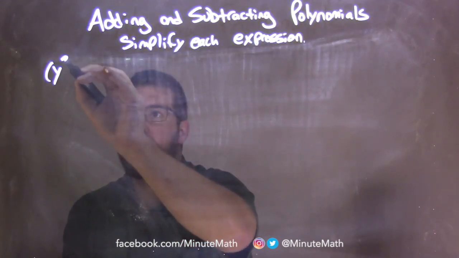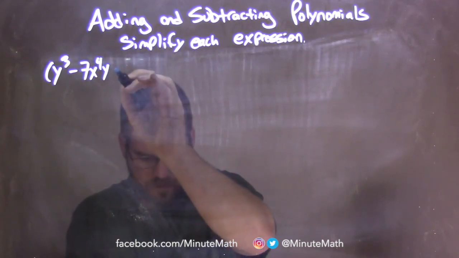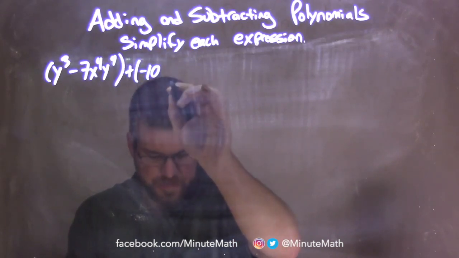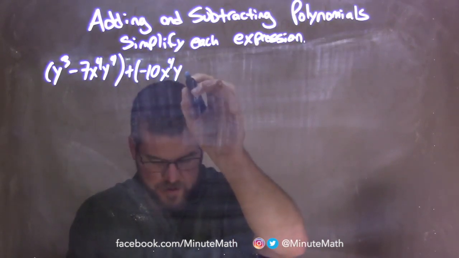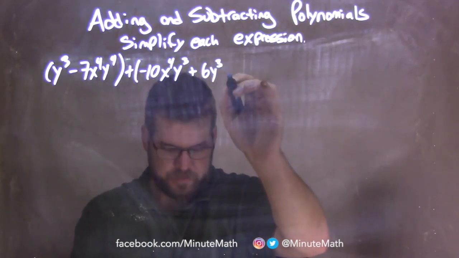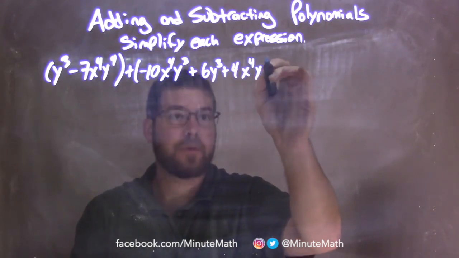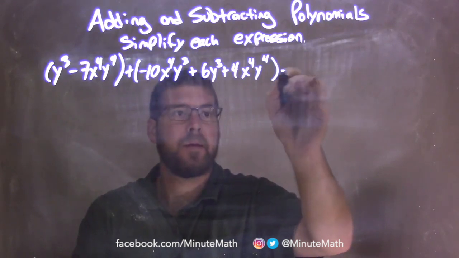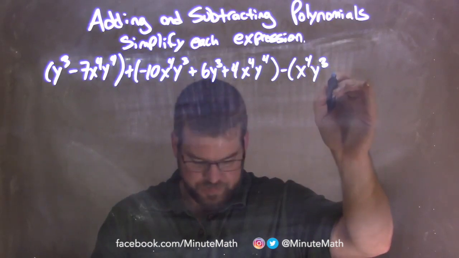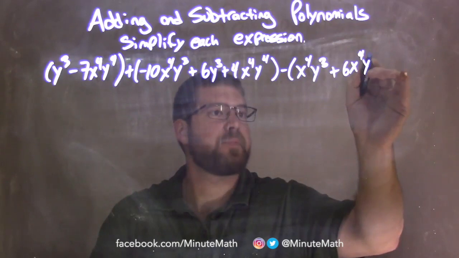y to the third minus 7x to the fourth y to the fourth, plus a negative 10x to the fourth y to the third plus 6y to the third plus 4x to the fourth y to the fourth, close my parentheses, minus parentheses x to the fourth y to the third plus 6x to the fourth y to the fourth.